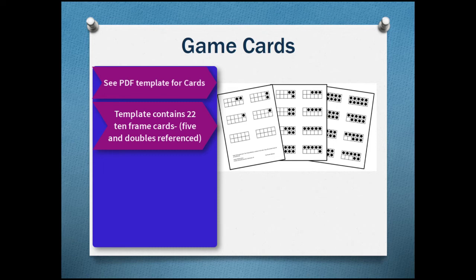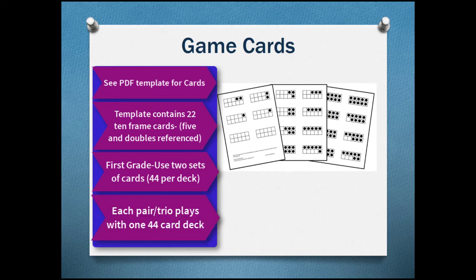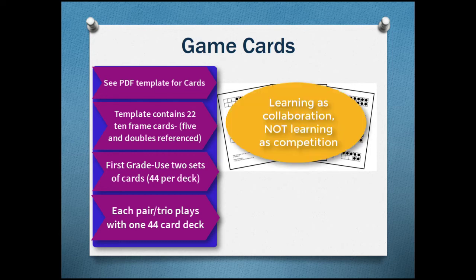Our suggestion is that a set of cards to use for a game is a double of this. So you have 40 cards, or including the zeros, 44 cards in one deck. A pair of students will use a 40-card deck or 44-card deck. The other thing we want to emphasize is that throughout all of inquiry, we're trying to promote learning as collaboration, not as competition.